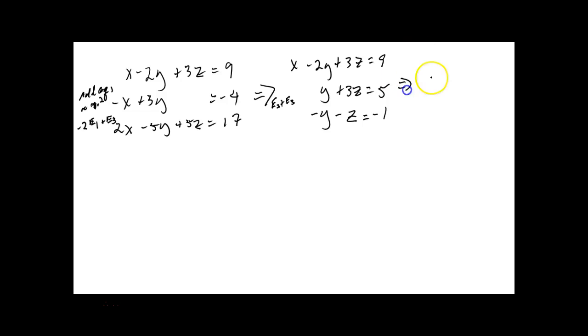So the first equation stays the same, x minus 2y plus 3z is equal to 9. The second equation stays the same, y plus 3z is equal to 5. The third equation, when you add those two together, what do you get?